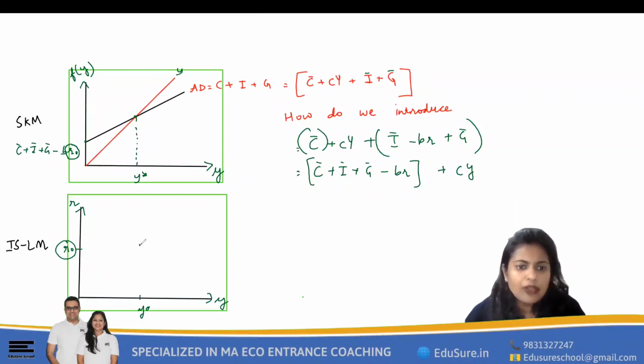Output depends on many things, like C bar, I bar, G bar, but R naught and Y star is one combination of equilibrium given the current situation. Let's call this Y naught: R naught corresponds to Y naught.